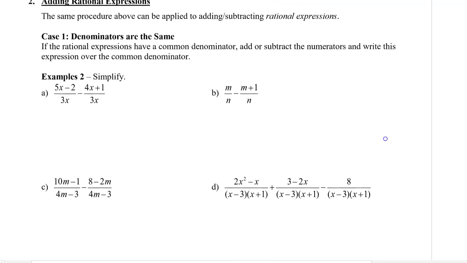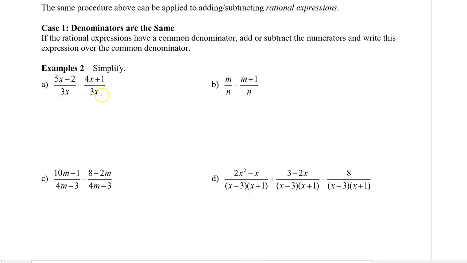Now, if you take a quick glance, you'll notice that all of these actually have the same denominator. So let's simplify the first one here. And I have 5x minus 2, and then I have a minus a 4x plus 1. Now be really careful because when we subtract, we have to remember to distribute that negative sign to both the 4x and also the positive 1.